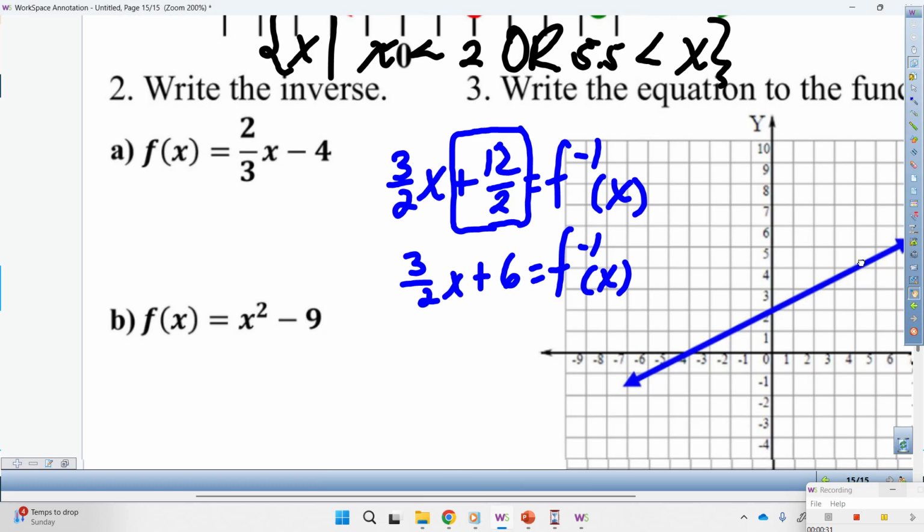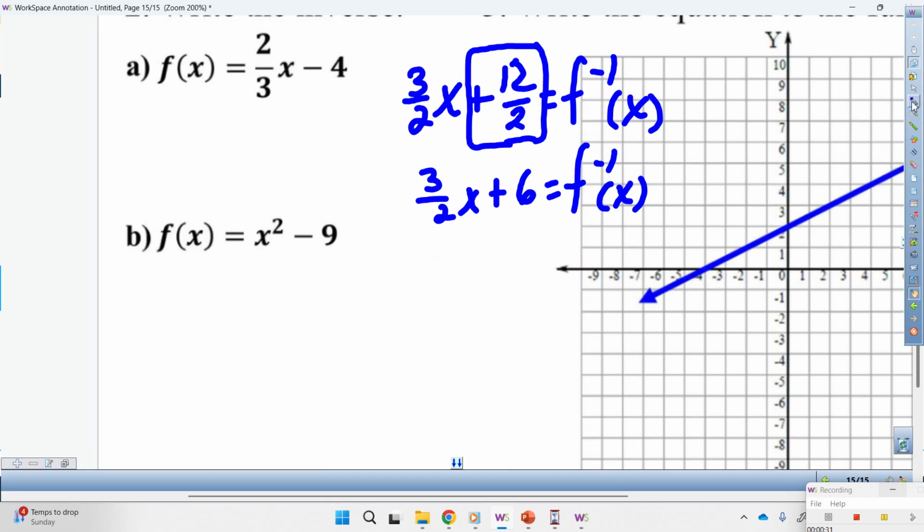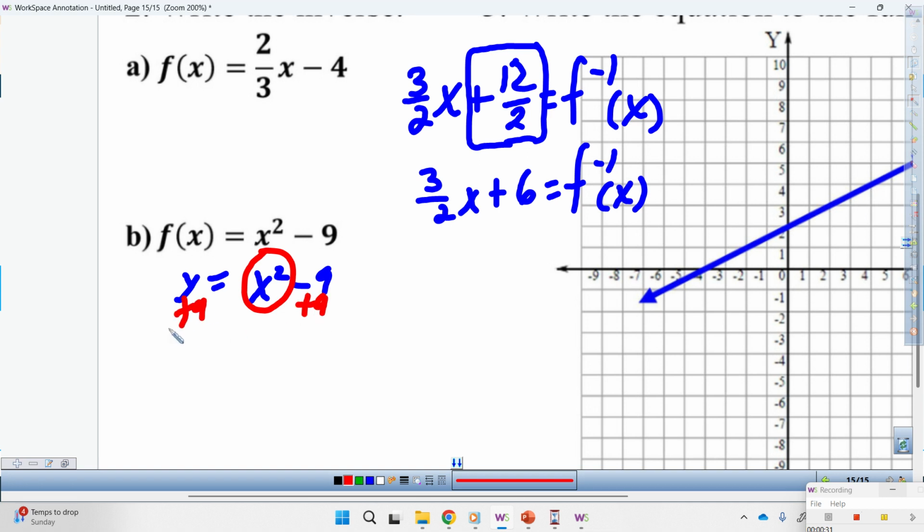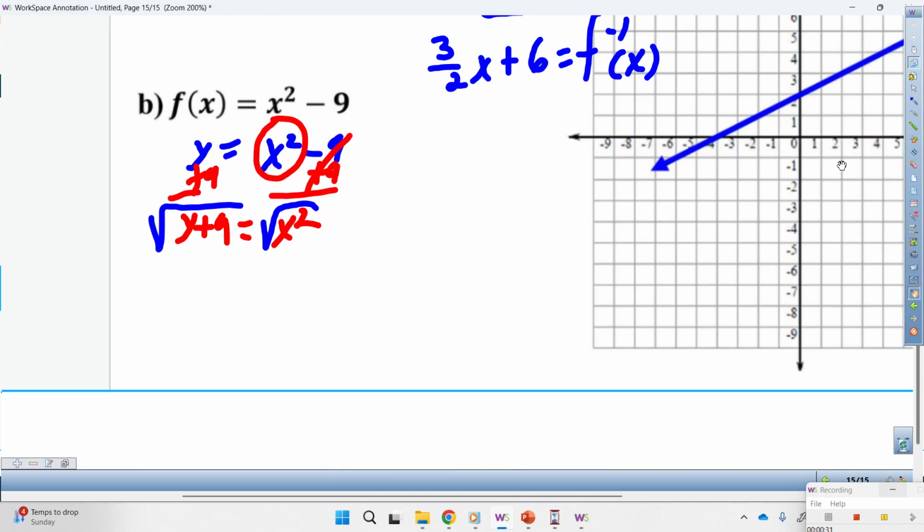Let's go to number 2B. I'm going to go over 2B just for the process to make sure we got it. Change f of x to y. X squared minus 9. From there, we need to leave x by itself, so I add 9 to each side. That leaves me with y plus 9 equals x squared. From there, we need to cancel that squared, so we do square root. So far, so good, yeah?